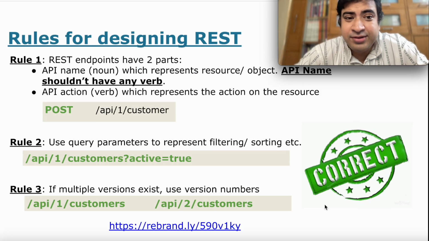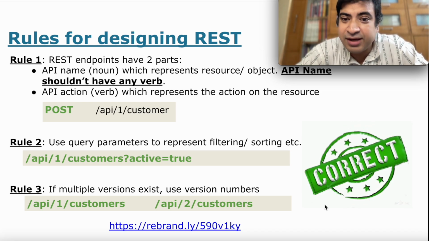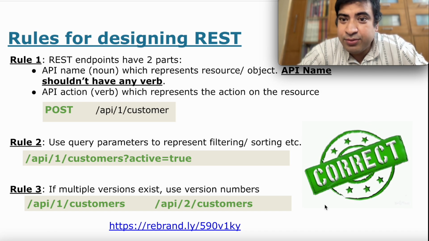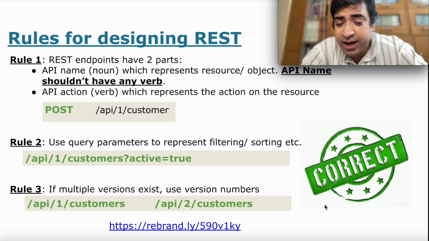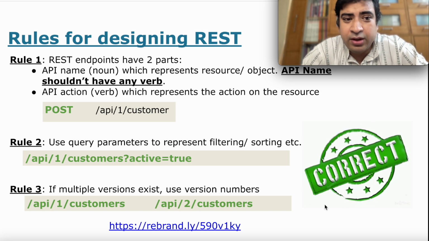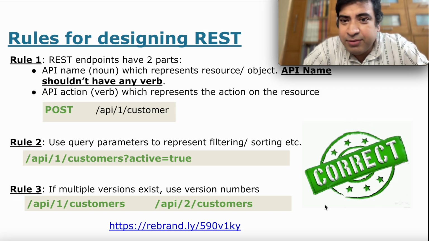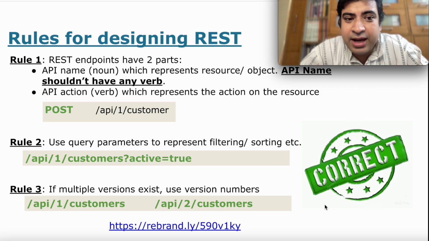So let us try to understand what are the main rules that we need to follow for designing the REST endpoints, because if we follow the rules, then anybody who is consuming our REST service will be able to understand without any documentation or without any help. So number one rule is to design the REST endpoint in a way that we can split the endpoint into two parts.